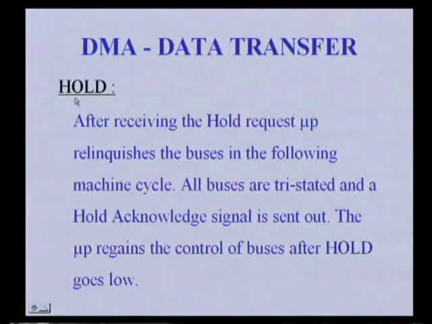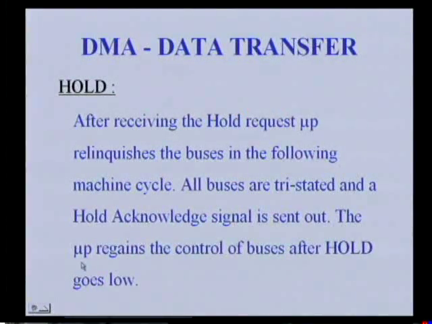Now, after receiving the hold request, the microprocessor relinquishes the buses in the following machine cycle. All buses are tri-stated and a hold acknowledge signal is sent out. This hold acknowledge signal informs the DMA controller that the microprocessor has relinquished the buses.